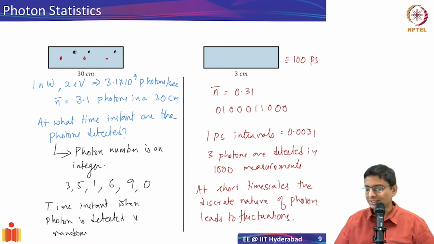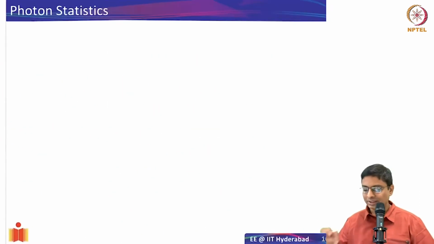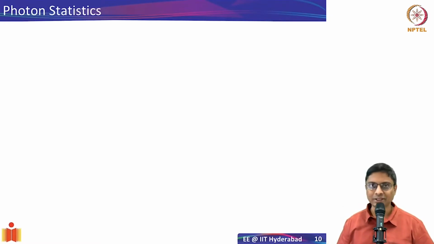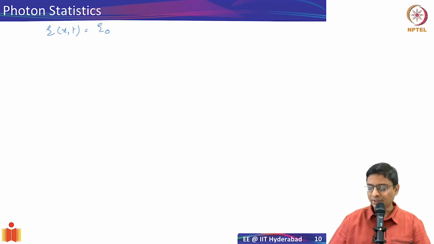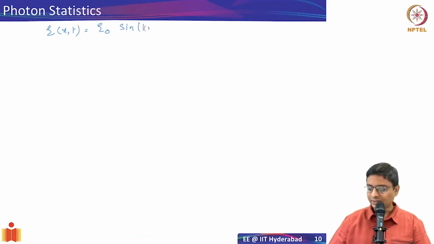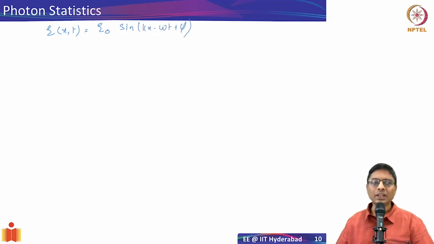Well, to understand that, let's just take a small detour. Let's consider a perfectly monochromatic wave. We have dealt with it many times so far. So let's say it has an electric field E(x,t) for a monochromatic wave, which will be of the form E naught sin(kx minus omega t plus phi), something like that.